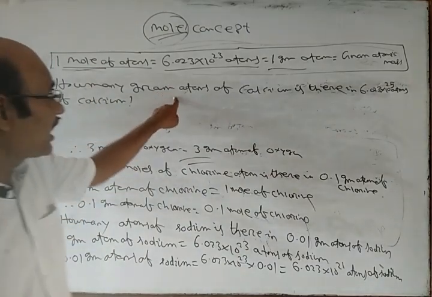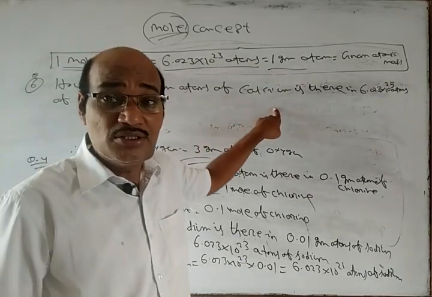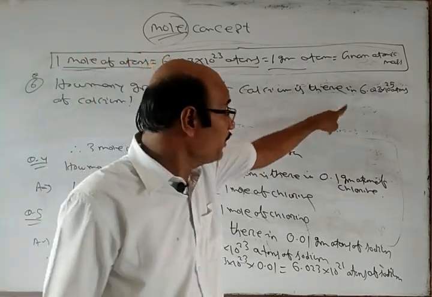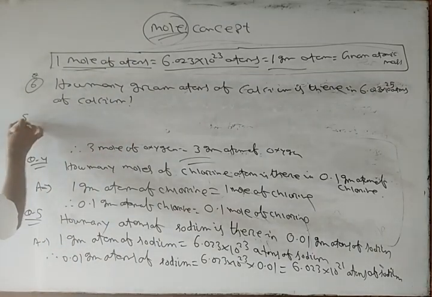How many gram atoms of calcium are there in 6.02 into 10 power 25 atoms of calcium? Answer. How can you solve it?